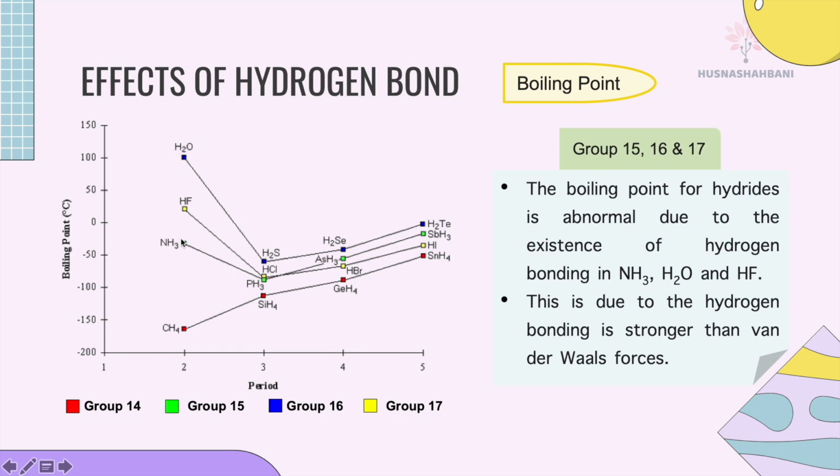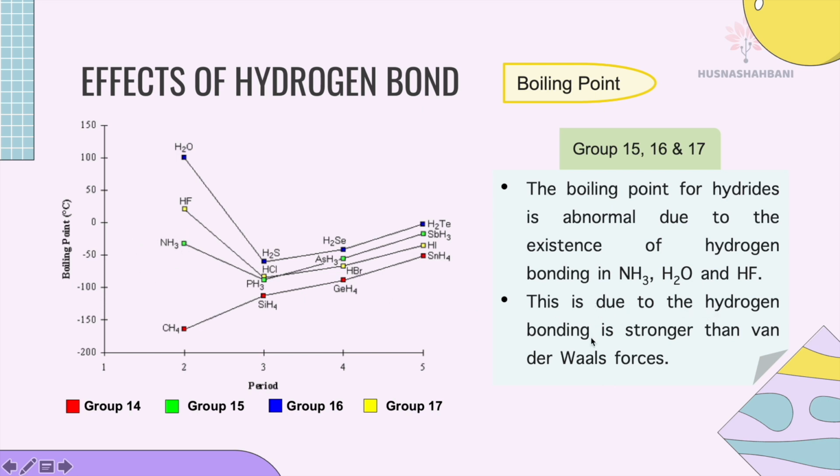For group 15 here, the green dot, only NH3 has the hydrogen bond. PH3 does not contain hydrogen bond. AsH3 cannot make hydrogen bond. SbH3 cannot make hydrogen bond. So only NH3 can make hydrogen bond. That's why the boiling point of NH3 is higher.